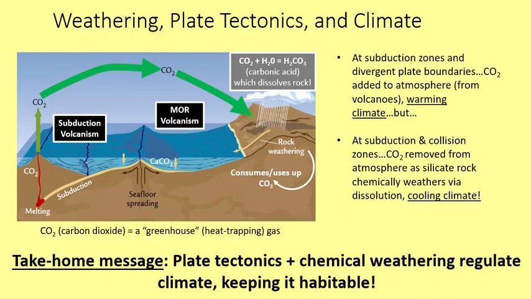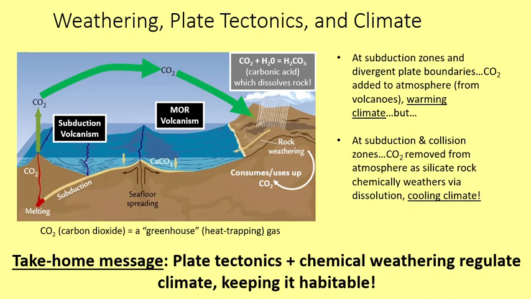And here's the thing, carbon dioxide is consumed, that is, it's used up. So imagine a volcanic arc, imagine tall mountains at a collision zone. In both places, acidic rainwater is falling on the mountains, using up carbon dioxide in the process. Carbon dioxide is destroyed in these plate tectonic environments, and as a result of chemical weathering, this process helps cool the climate.